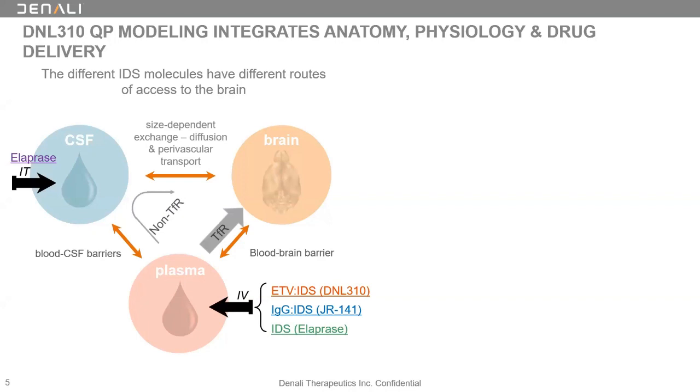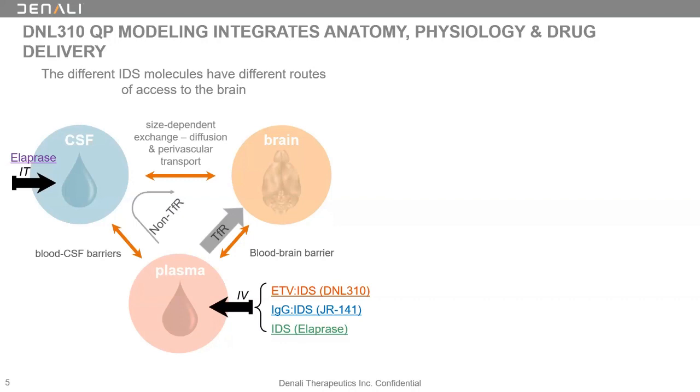Now, if we look at the molecules that we have included in this analysis, we have Elaprase, which is the naked enzyme, IDS, and it does not have any facilitated uptake into the brain to cross the blood-brain barrier. So that particular molecule dosed intravenously will typically get into the CNS via the CSF, shown by that arrow, or non-TFR mediated mechanisms.